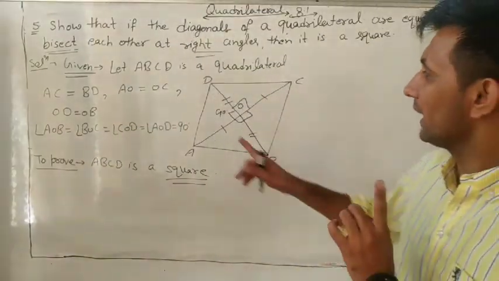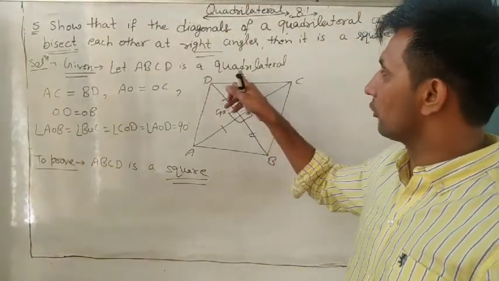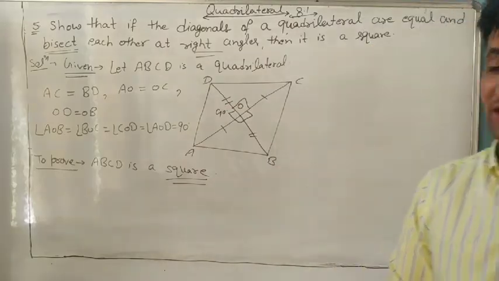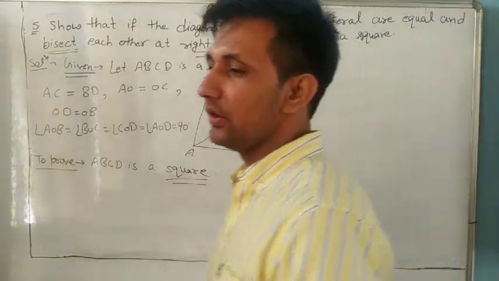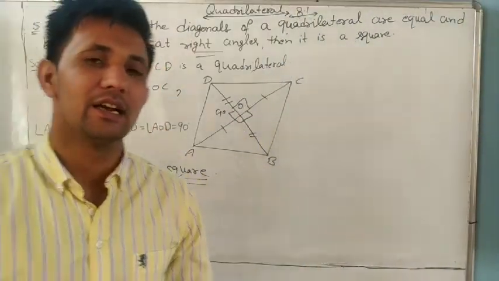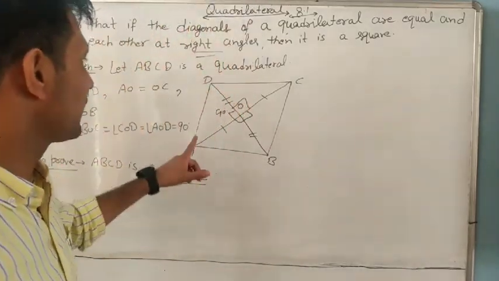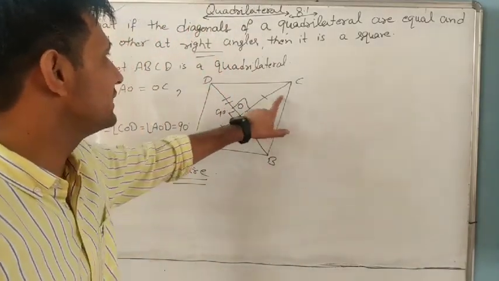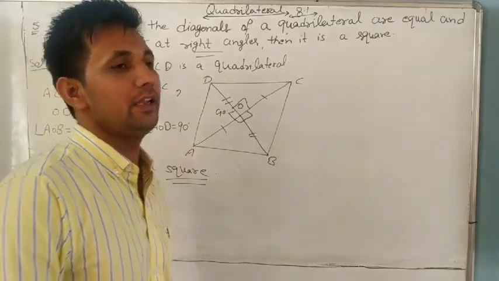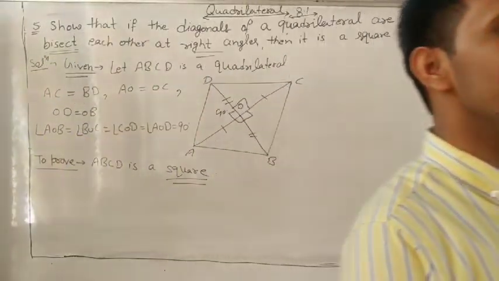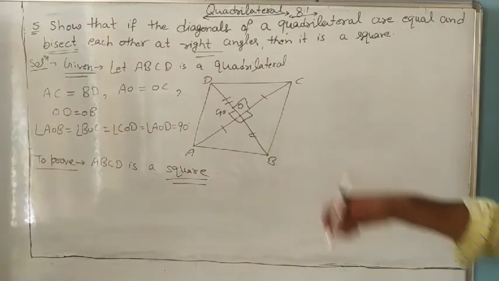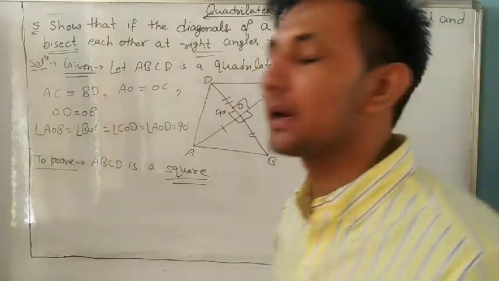So we will prove that AB equal to AD equal to DC equal to BC. And in a square we know each angle is 90 degrees, and we will also show that angle A is 90, B is 90, C is 90, D is 90. And also we know each square is a parallelogram. So first we will prove that it is a parallelogram also.